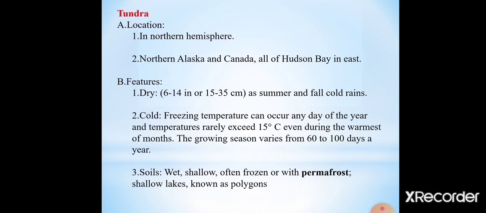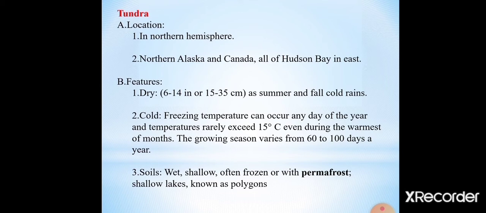The second one is the tundra biome. It is located in the northern hemisphere, from northern Alaska to Canada. It is known for large stretches of bare ground and rocky patches, with vegetation such as moss, lichen, herbs, and also some small shrubs.